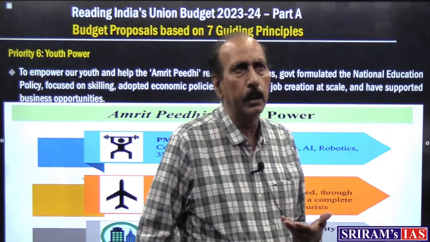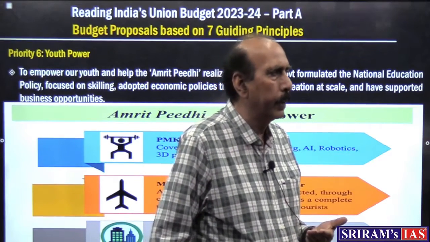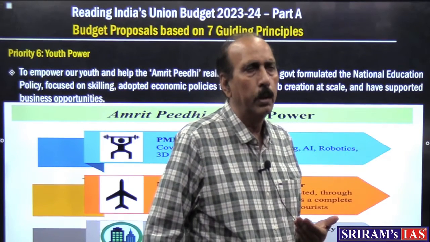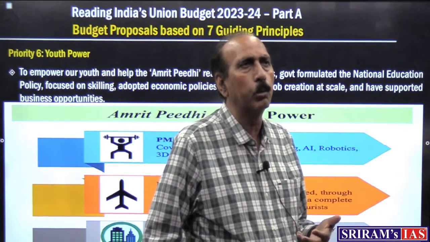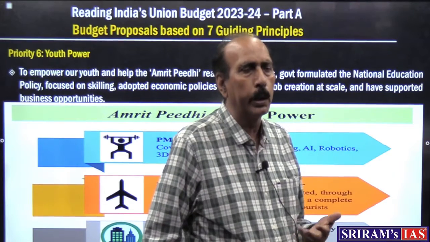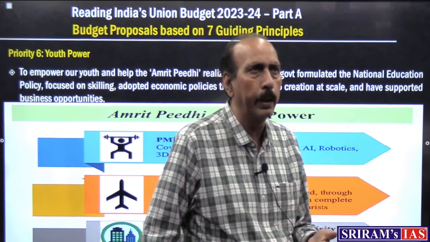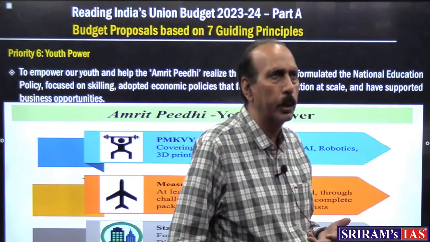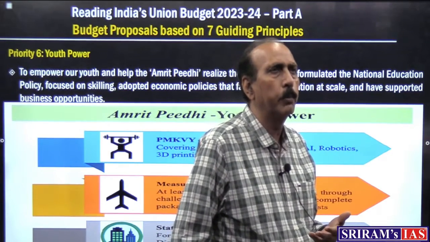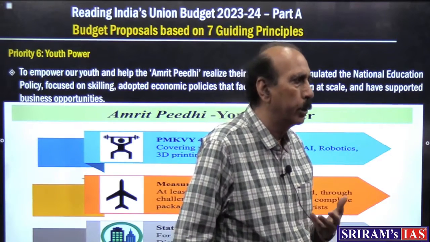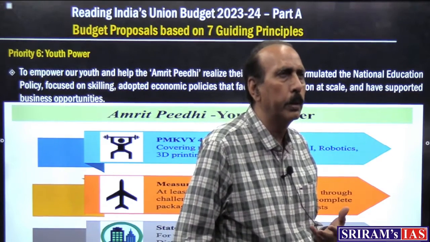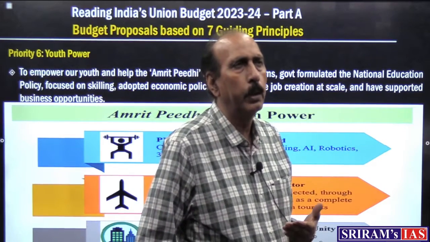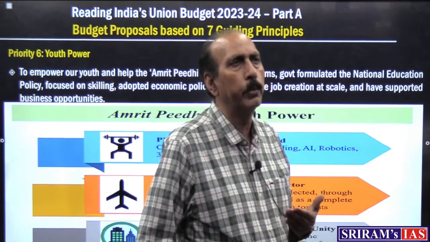If you look at the unemployment data, we find that the highest rate of unemployment is among those who are youngest. 15 to 29, unemployment rate is quite high. And if you are educated, unemployment rate is still very high. Therefore, unless we make certain effective programs to utilize our youth power, we will not be able to exploit the demographic dividend available with us.